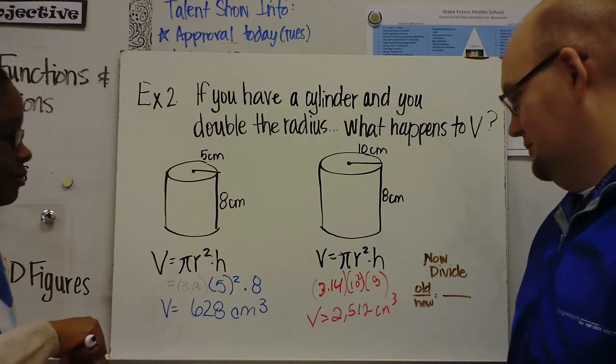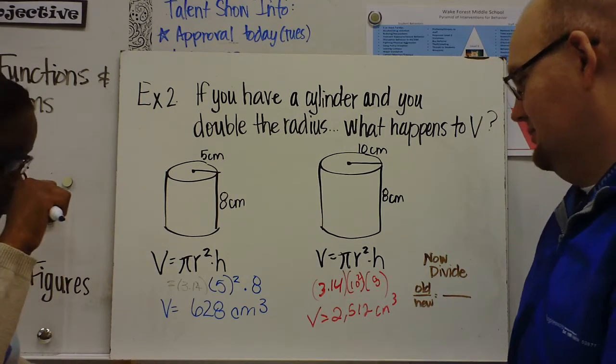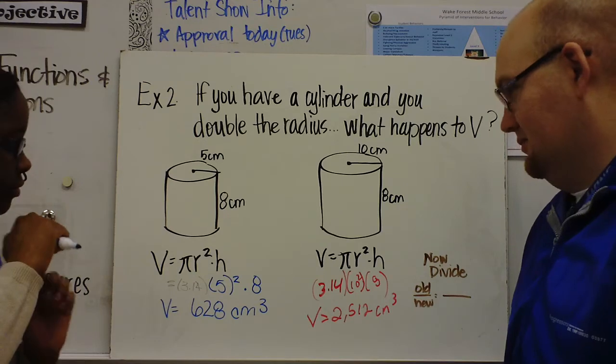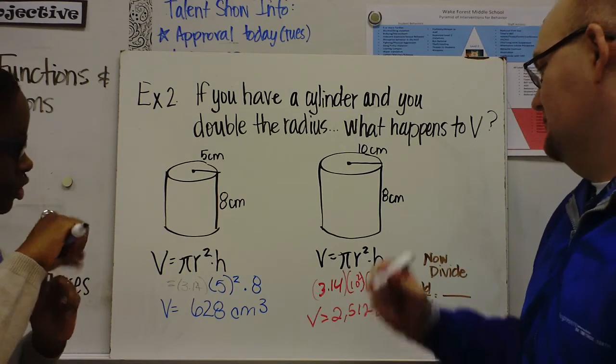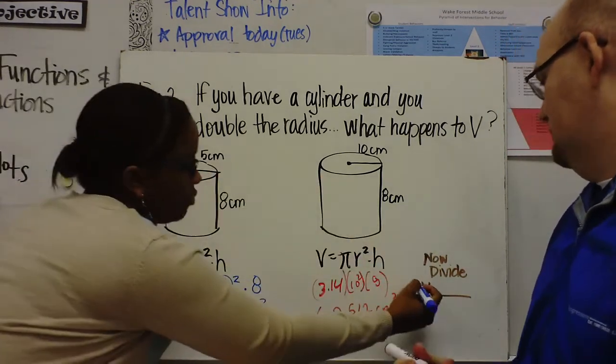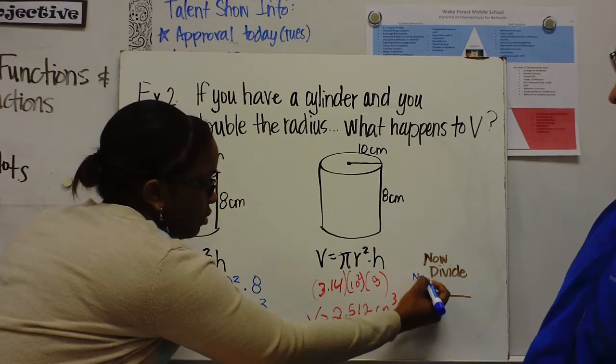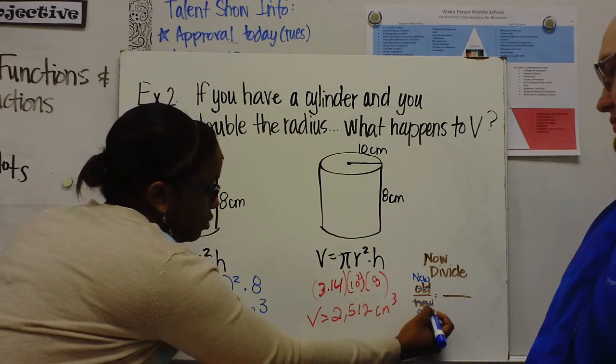So what happened to the volume? We divide to compare. Should be new divided by the old. The bigger one divided.